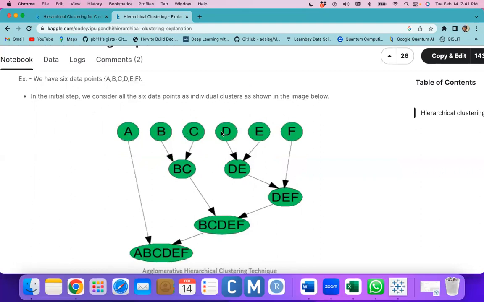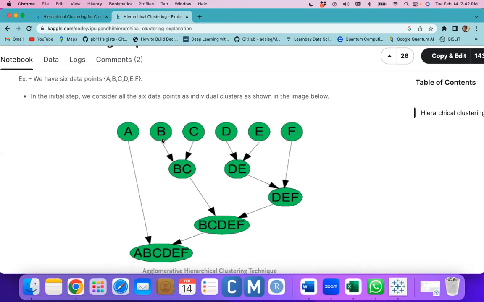A, B, C, D, E, F are the observations. Maybe B and C have the same properties, so they are merged into one cluster, and D and E form one group because of similar features. Then the combination of DE and F, having similar properties, becomes one group.